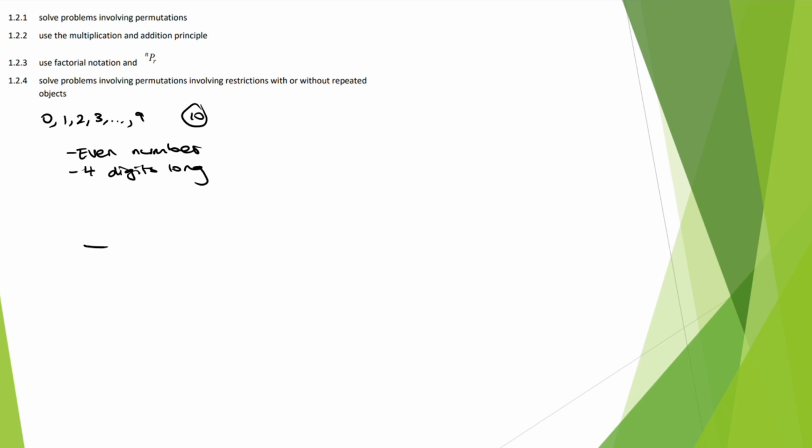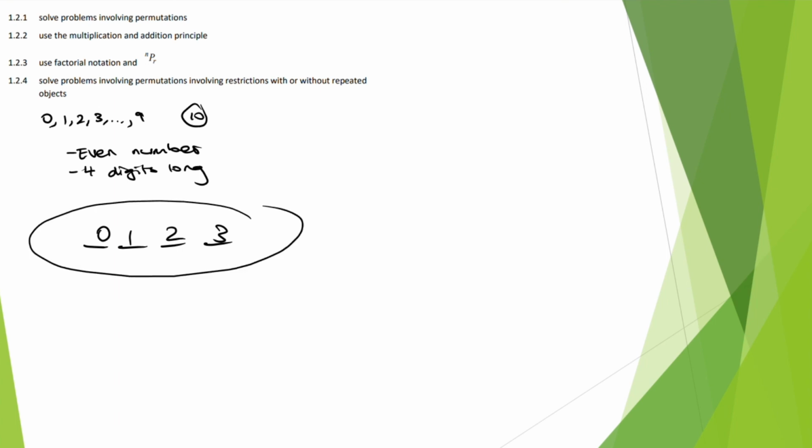Okay, so we have 4 places here. And for the purposes of this question, we can assume that 0 can occupy the first spot. And so, for example, 0, 1, 2, 3 is an example of a valid case, even though in this case it wouldn't be even. So this would be considered a correct answer, just for the purposes of this question.